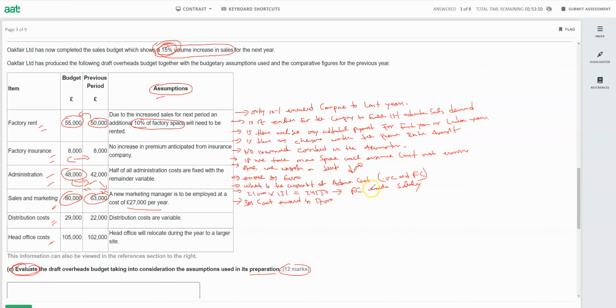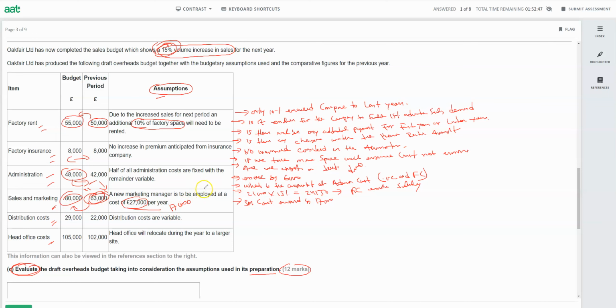And 17,000, but they said the new manager will cost 27,000. So if the last year it is 63, it should be added 27,000 because the new manager will have additional cost. But they make from 63 to 80, that increased by only 17,000. So that doesn't look like reasonable.